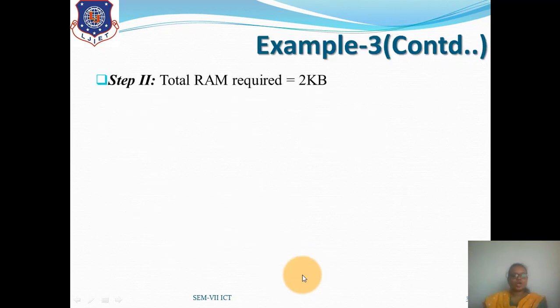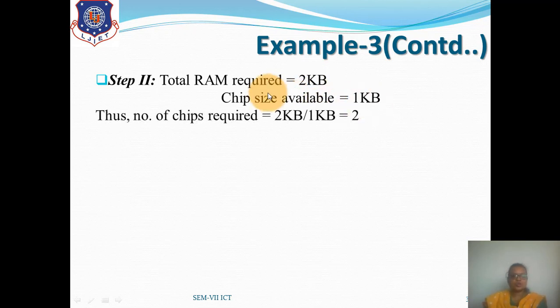Now talking about the RAM, in step 2, the total RAM required is 2 KB, each chip having a size of 1 KB. So the chip size available is 1 KB, and the number of chips required is 2 divided by 1, that is equal to 2.